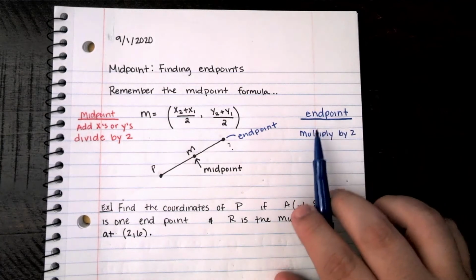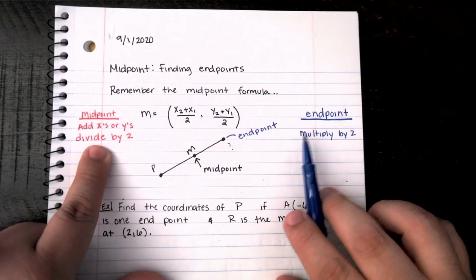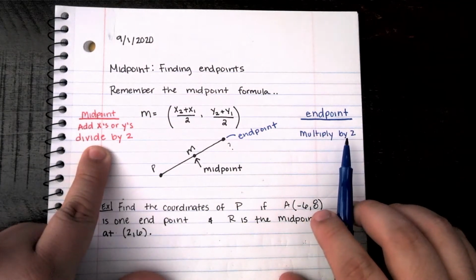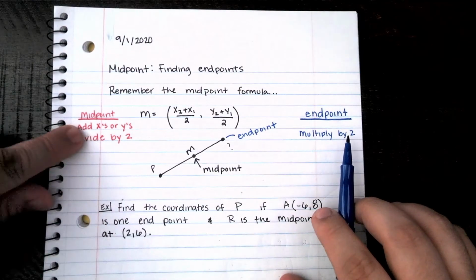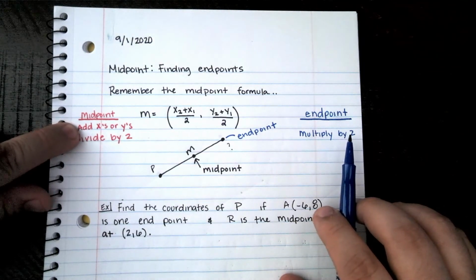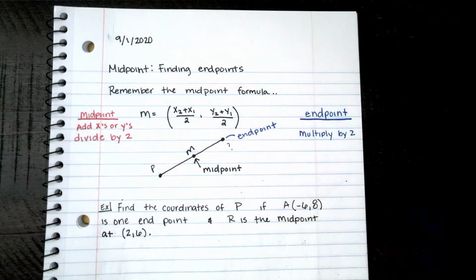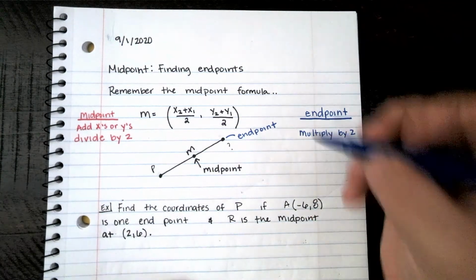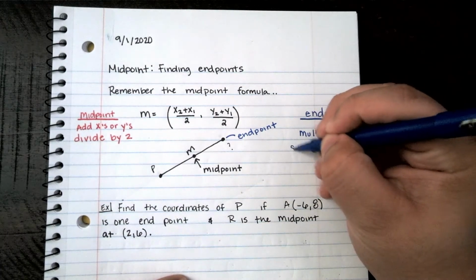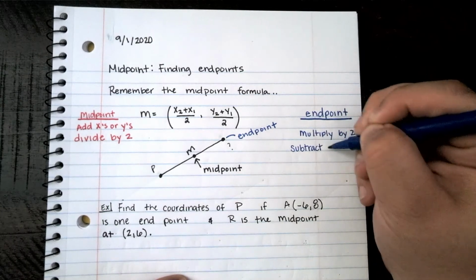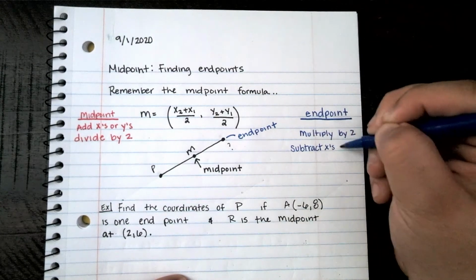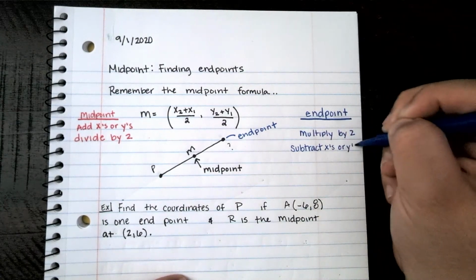But we're doing the opposite first. So instead of dividing by 2, I'm going to multiply by 2. And then the next step is to do this opposite. So instead of adding x's and y's, I'm going to subtract the x's and the y's. Subtract x's or y's, depending on which one you're doing.